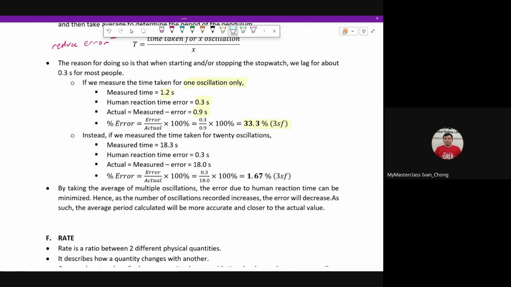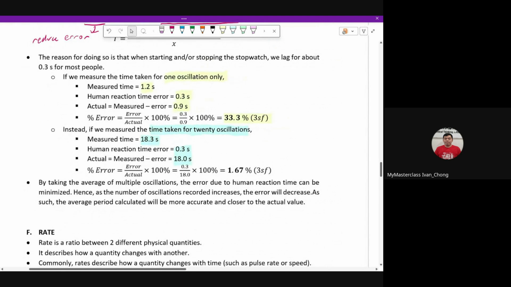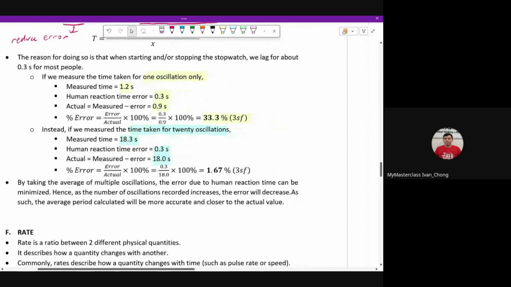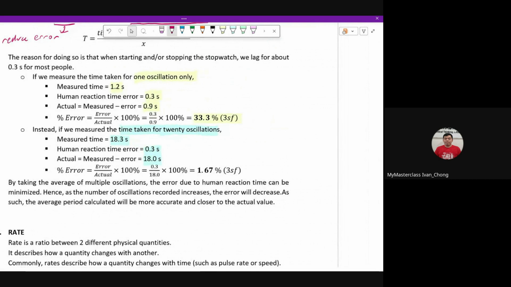Okay, but on the other hand, if you take 20 oscillations instead, you measure 18.3, and then you minus away the error. This is what you calculated. This is for 20 oscillations. So if you divide by 20, your number will be closer to the correct value itself. Okay, so basically, this is for one reading. It is 0.9 seconds, right?